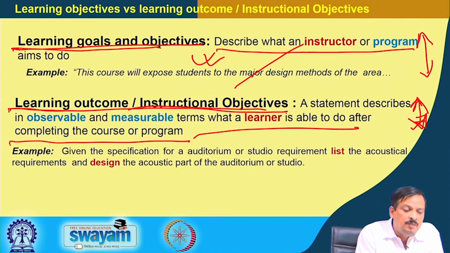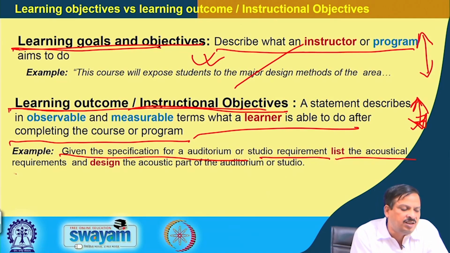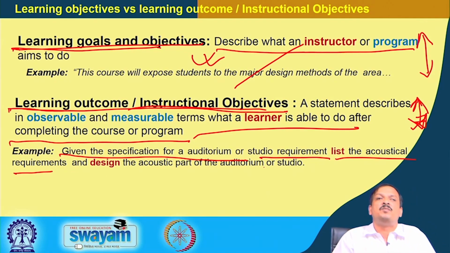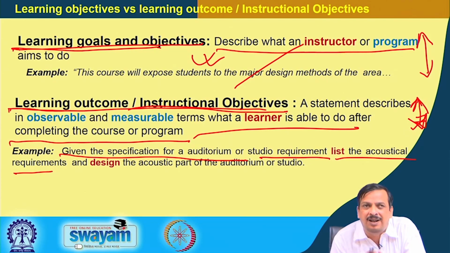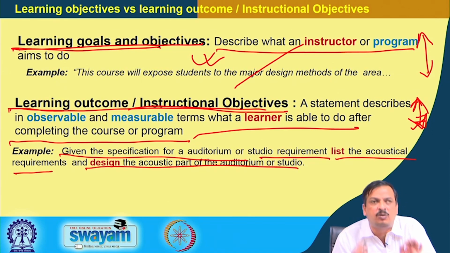Let us give an example. Given the specification for an auditorium or studio requirement, list the acoustical requirements and design the acoustic part of the auditorium or the studio. This has to be performed by the learner. So, after you complete the course, a learner will be able to design the acoustic part of the auditorium or studio.